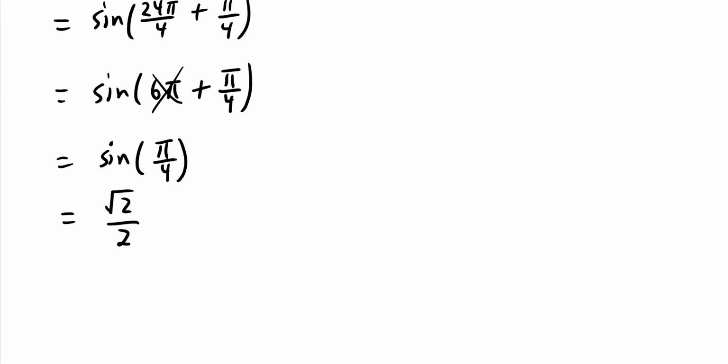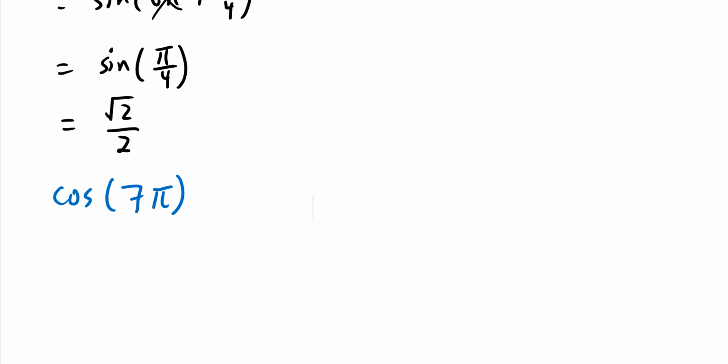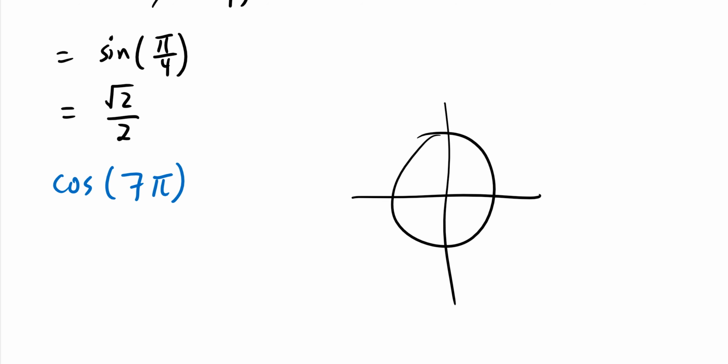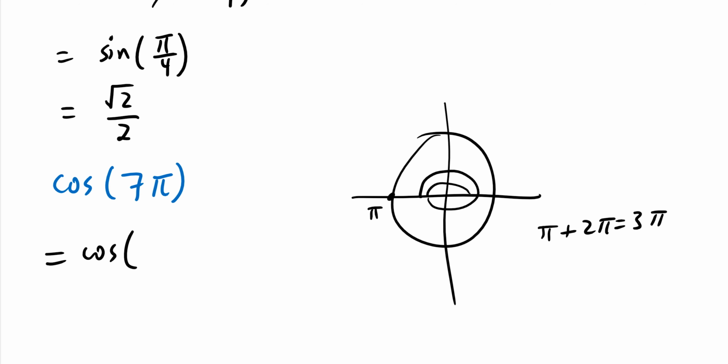What about if they ask us to find cosine 7 pi? Again, if you think about 7 pi, any odd number of pi will land exactly at pi. If you move 2 more pi, you go back here. So pi plus 2 pi is 3 pi. So any odd number of pi will land exactly at pi. You can think about it this way, or you can rewrite this as 6 pi plus pi, because any even number of pi is 0.